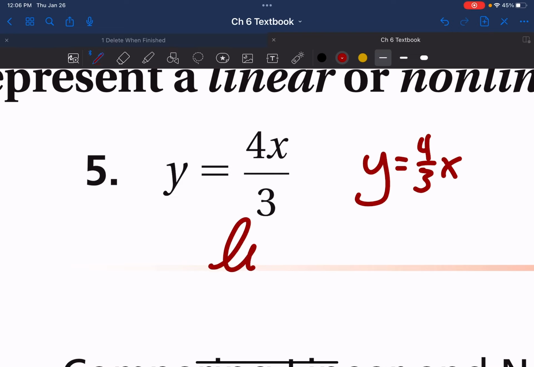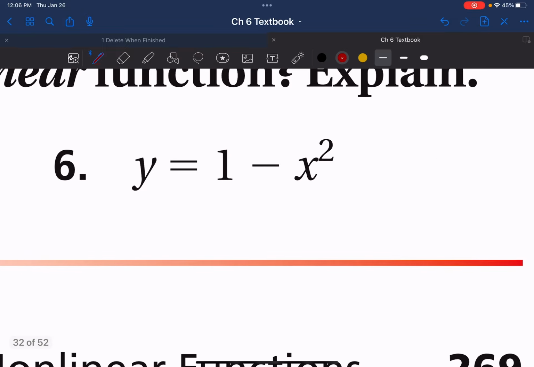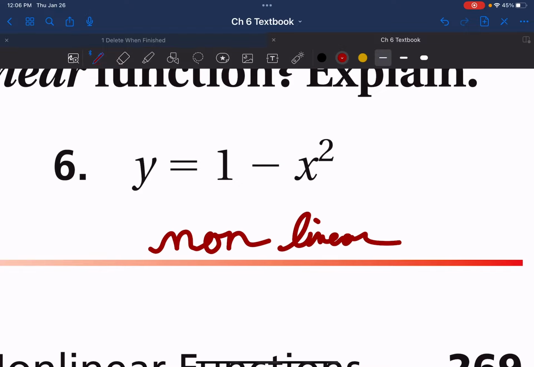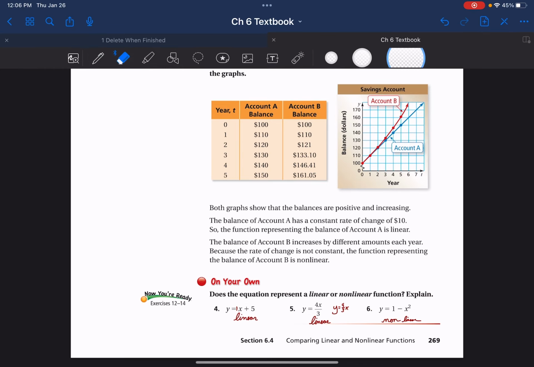This is linear. Makes a line. Ooh, see that? We don't like squares. That makes things on the graph for sure, but they're definitely not straight lines. So because of that, that is a big sign that this is going to be non-linear. Okay?